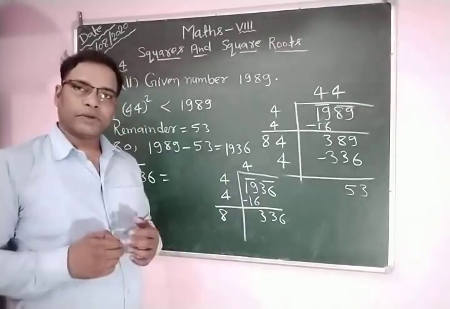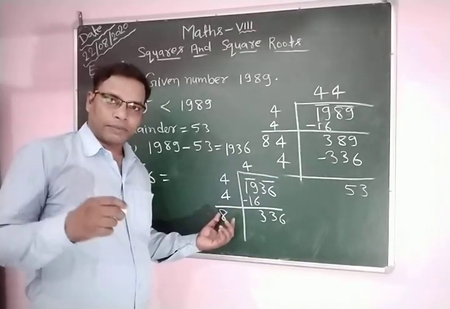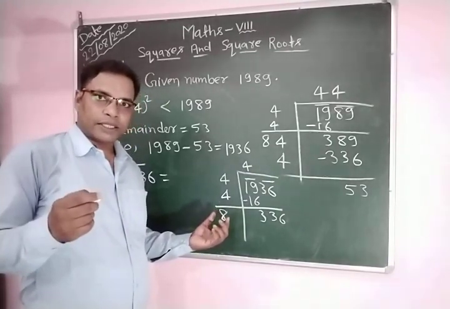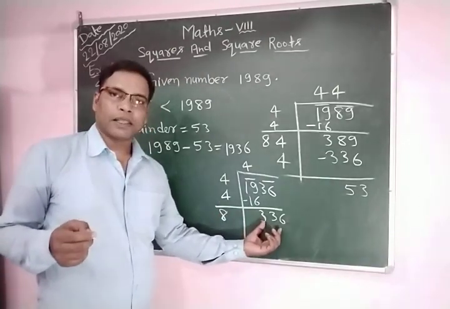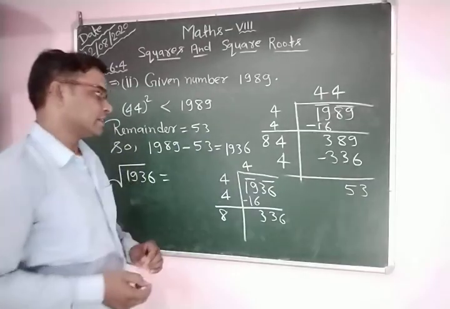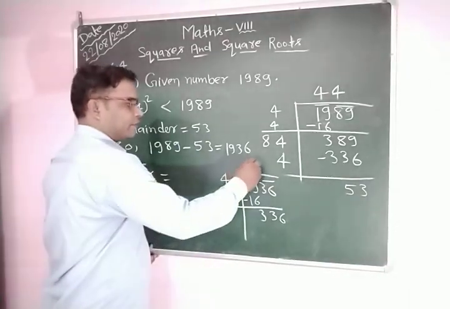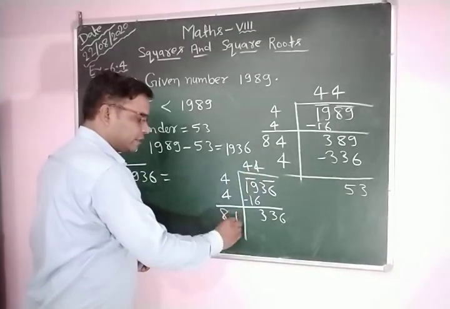Okay, then we got a new divisor, and if you multiply the new number by this new divisor, then we obtain less than or equal to 336. Okay, if you select here 4, so you write here as a quotient 4, and again here you write 4.